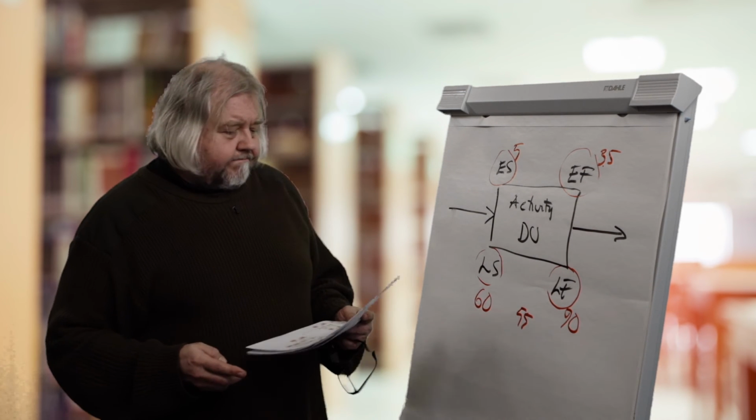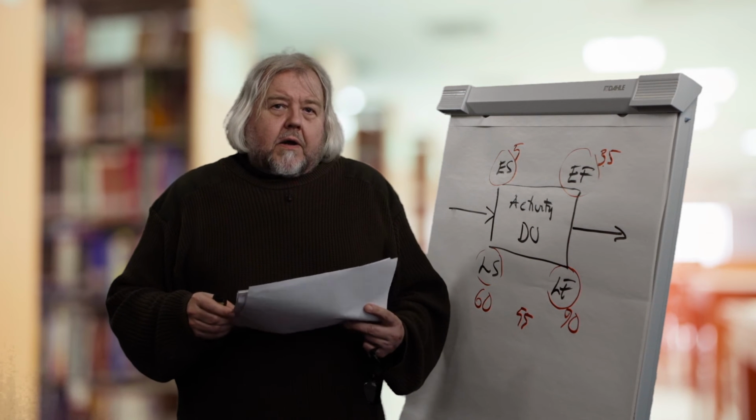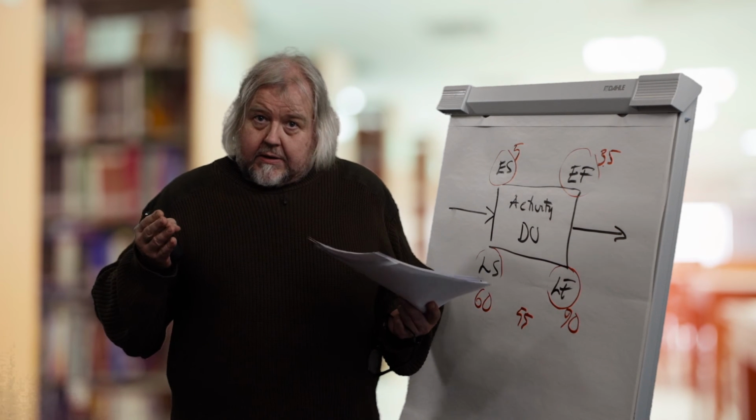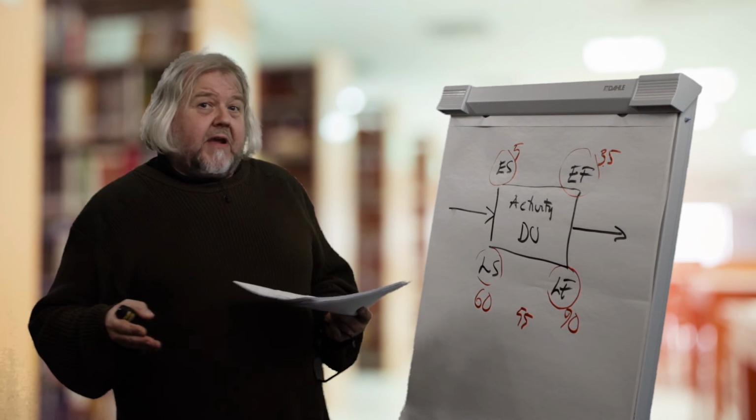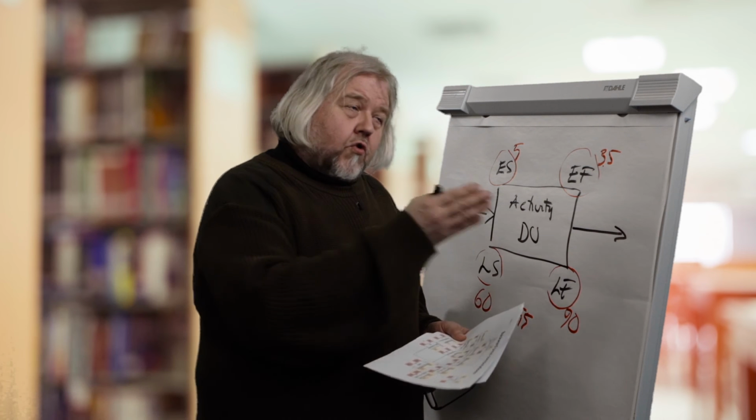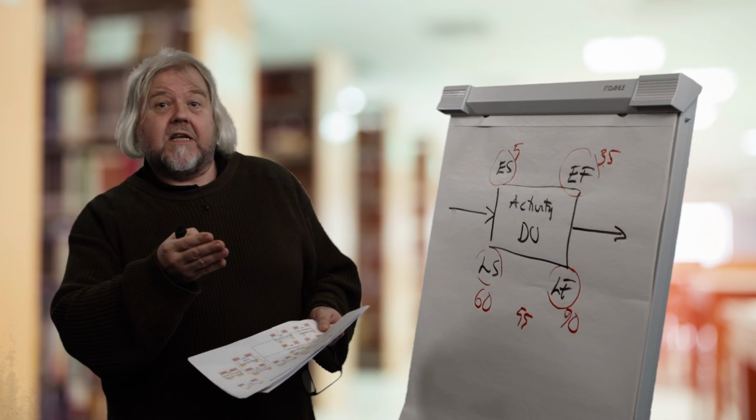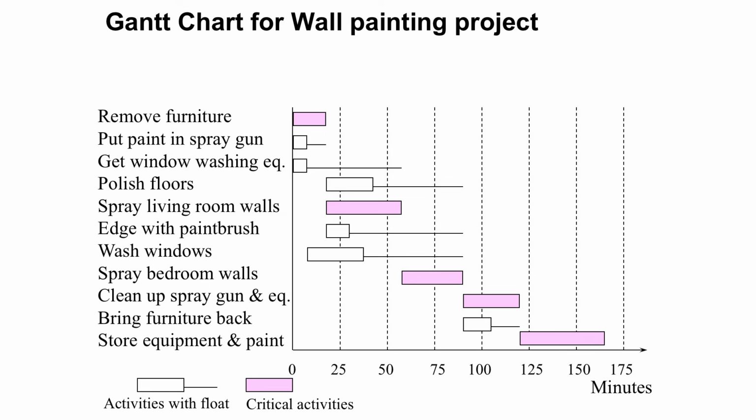So now we have calculated the network, and we are ready to move those activities onto the time axis. In this picture, the activities are on the time axis, and the critical activities are marked with the red color, and the non-critical activities with blank bars.